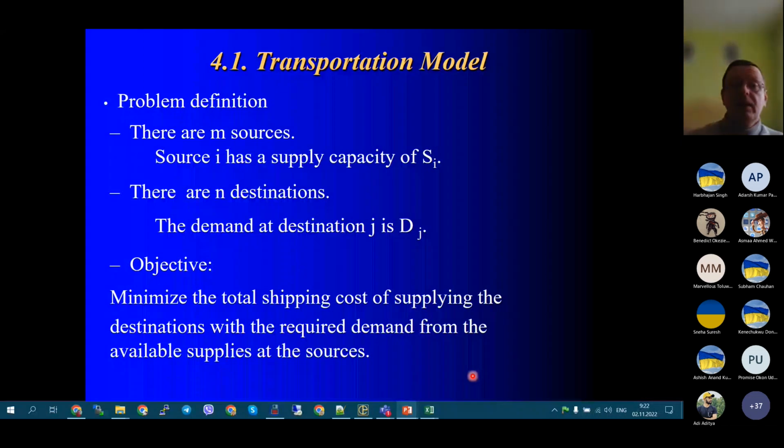But right now we consider only the essence of the mathematical model which lies behind the transportation problem. If you consider the conventional transportation problem, which is related to delivering goods, we can depict it mathematically like this: given m sources, where each source i has supply capacity S_i, which has to be delivered to n destinations, and the demand of destination j is D_j, and we are going to minimize the shipping cost between each source and destination, given and predefined.